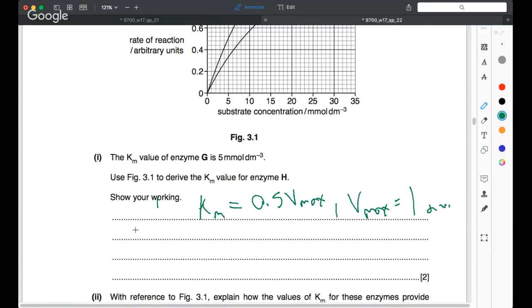And then you can say at 0.5 AU, substrate concentration equals 8.5 mmol, and then therefore Km equals.